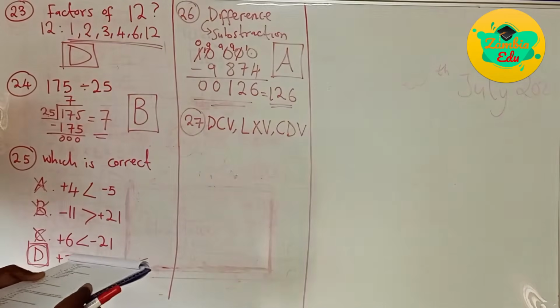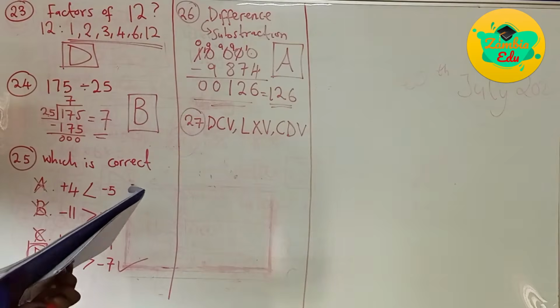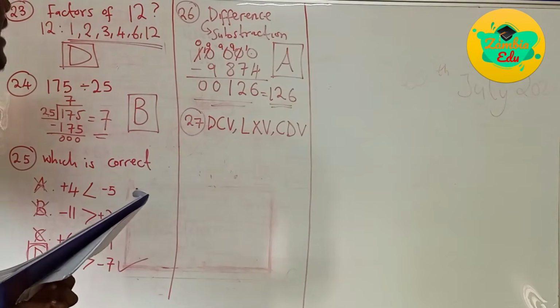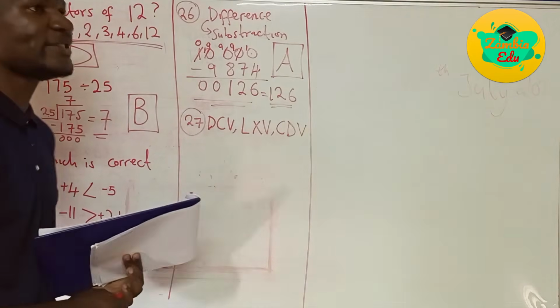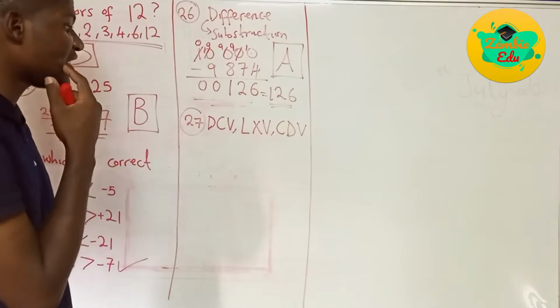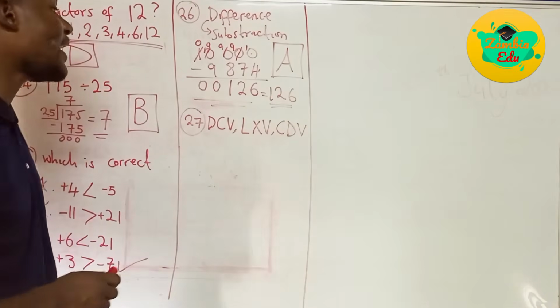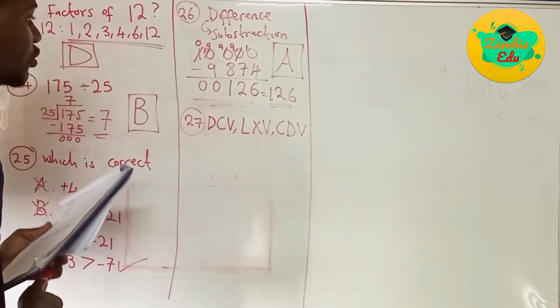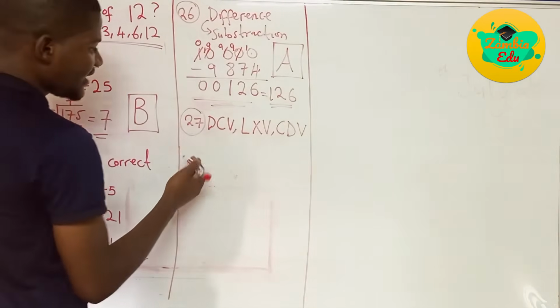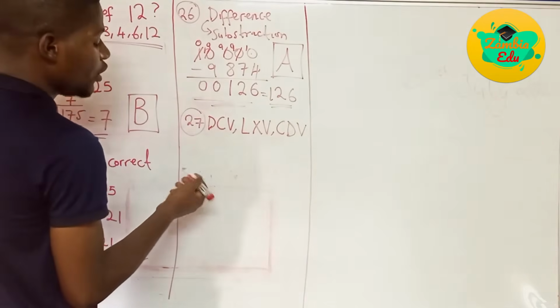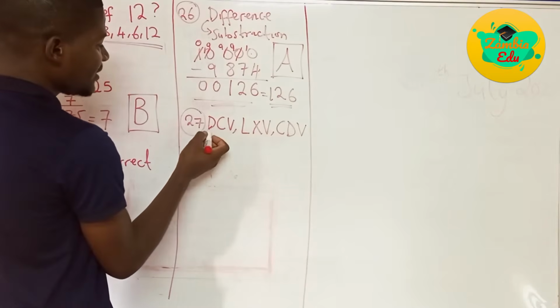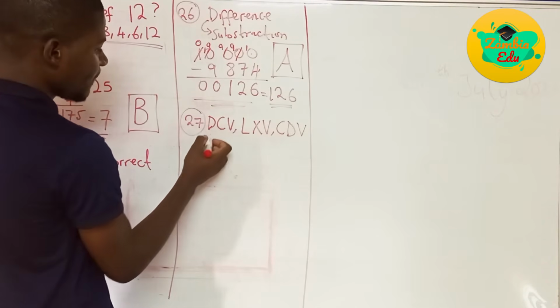So before we can arrange those Roman numerals, it is important that you and I are able to find what these numbers are in Arabic numerals, which we are able to understand properly. So let's translate that so that we know what we're dealing with. So DCV.